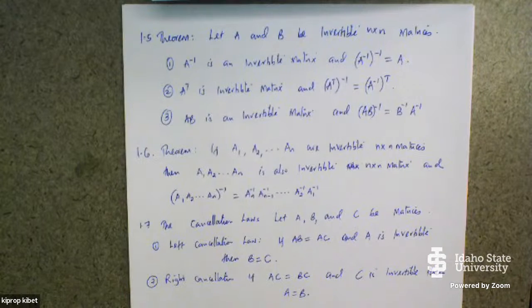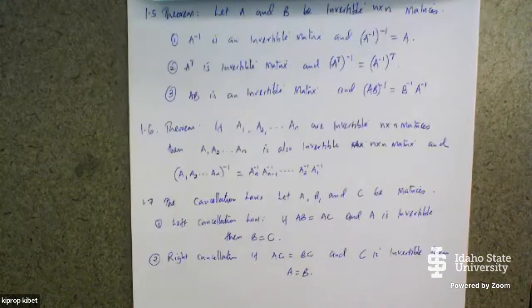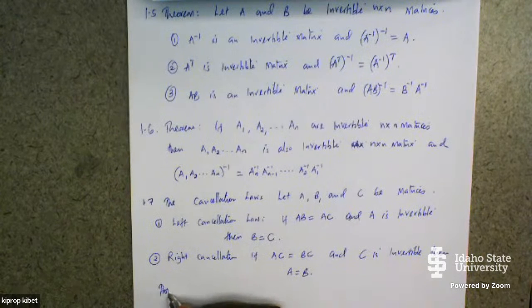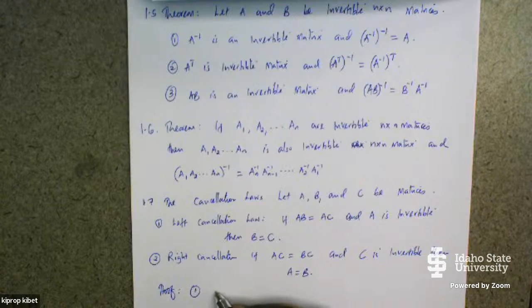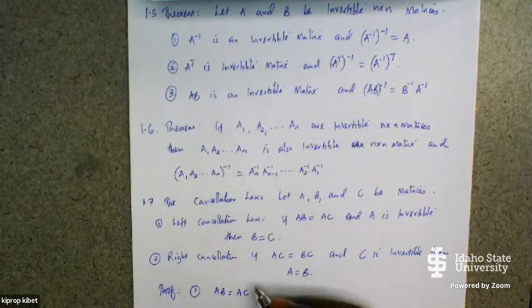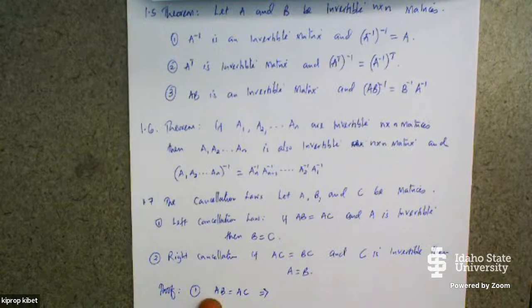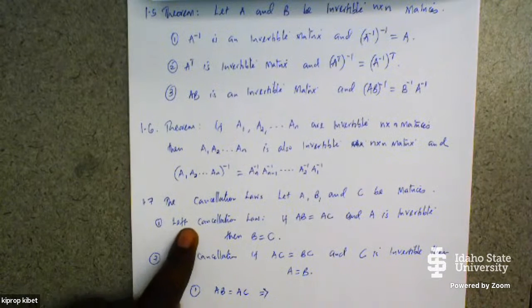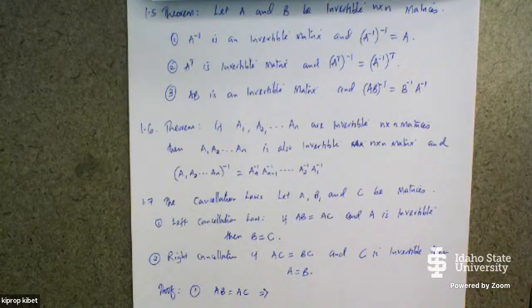So this you can actually prove just from the definition of the inverse. So we can prove this one simply. To prove number one, if we have AB equals AC, then if we multiply the left, sorry, left cancellation is multiply the left by the inverse.